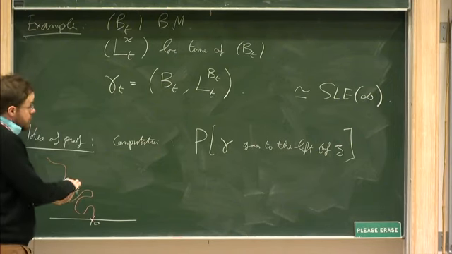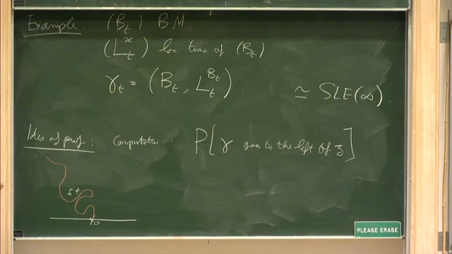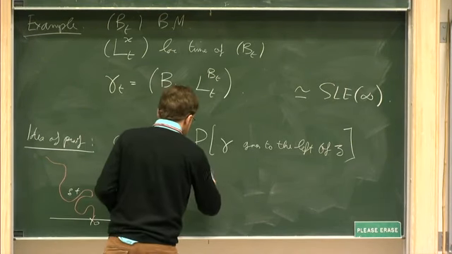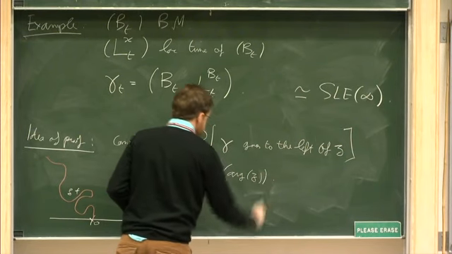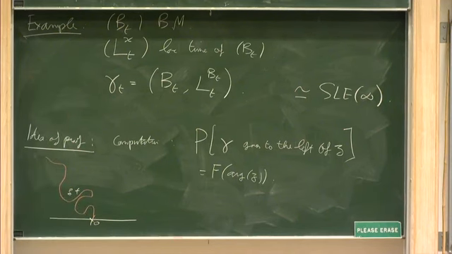So, again, you can compute this as a function of the location of the point z. And it's some function of the argument of z. So as long as kappa is less than 8, this is a very nice function. It's again some integral representation in terms of the argument. It's non-trivial. It goes to 0 if the argument is here.